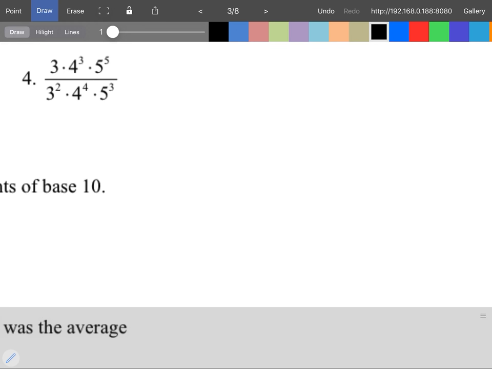Okay, so this is number 4 here. Well, the first thing is the power on the 3 in the numerator is a 1, okay? So that's going to give you 3 to the numerator power minus denominator power times 4 to the numerator power minus the denominator power, and then times 5 to the numerator power minus the denominator power.